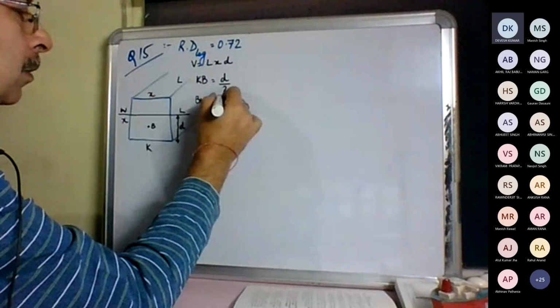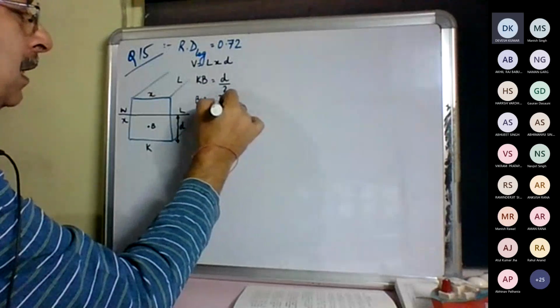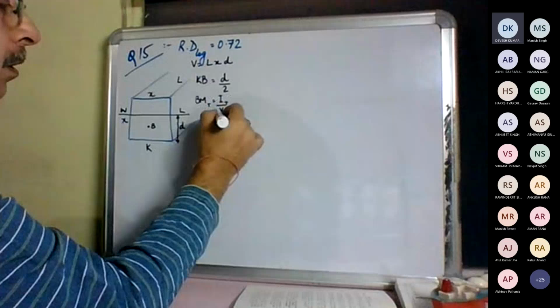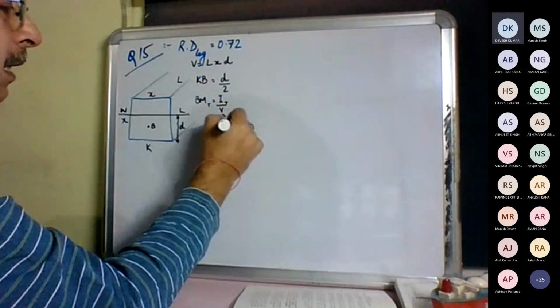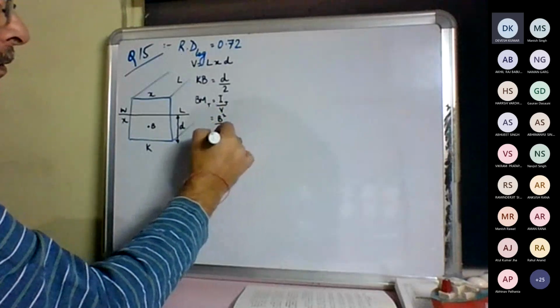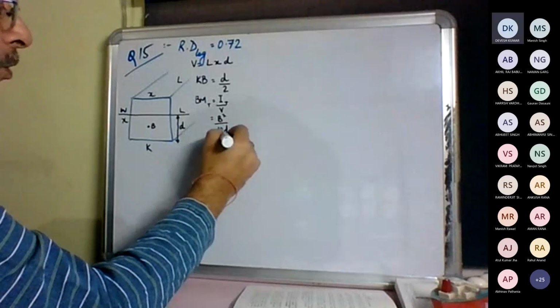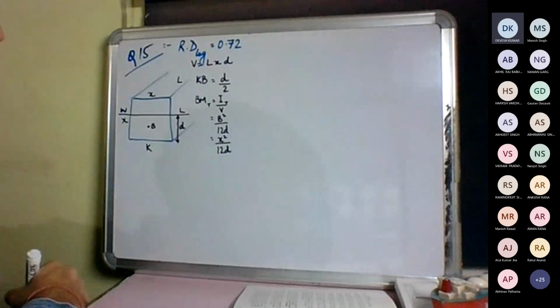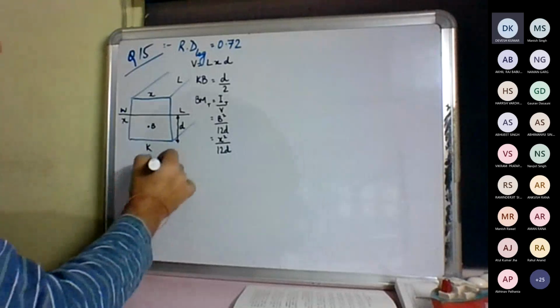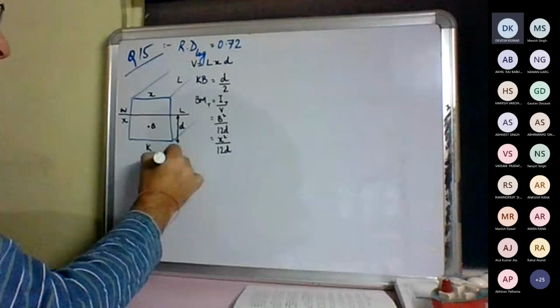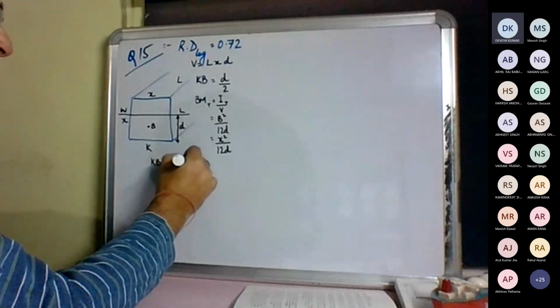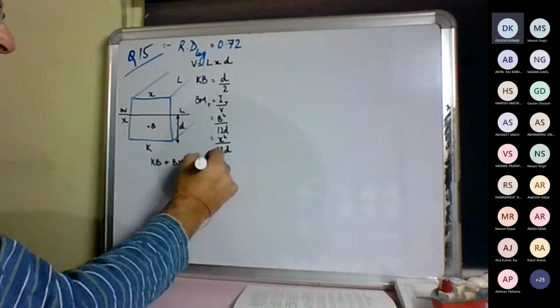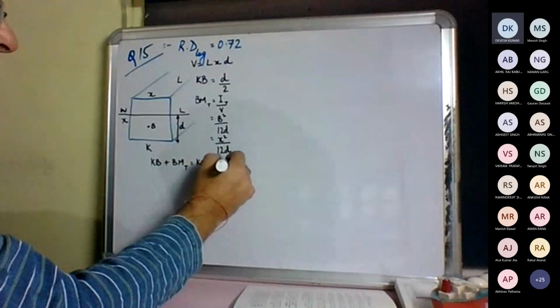BMT is I_T by V, which is equal to B square by 12d. Breadth is x, so x square by 12d. I know KB plus BMT is equal to KG plus GMT.